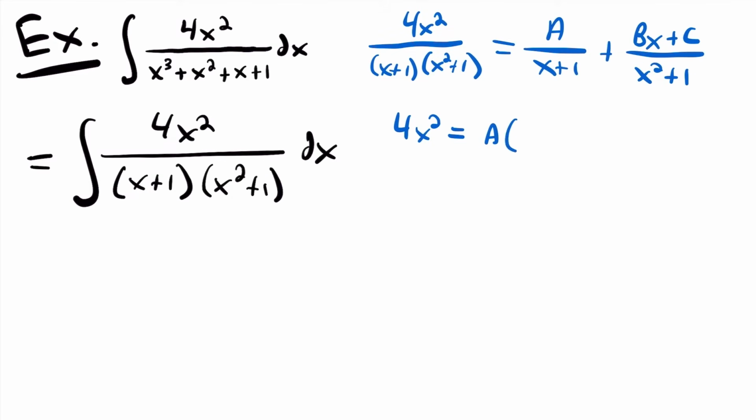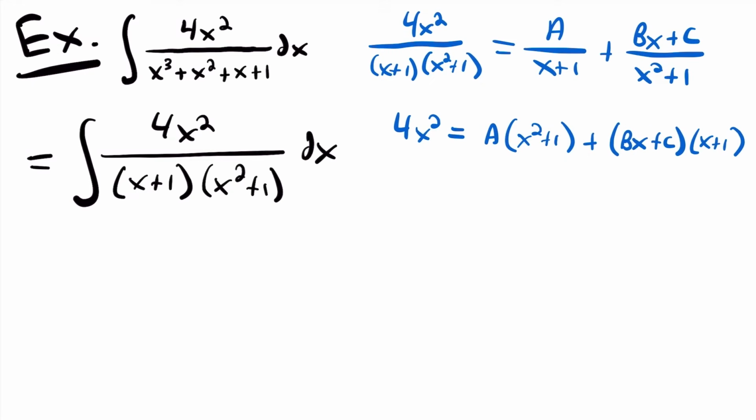So we will multiply by x squared plus 1. Then we'll add that to Bx plus C, and this fraction does not have x plus 1 in the denominator, and so that's what we will multiply those two terms by. We'll have x plus 1. Okay? And so this is the equation we will use to solve for A, B, and C.